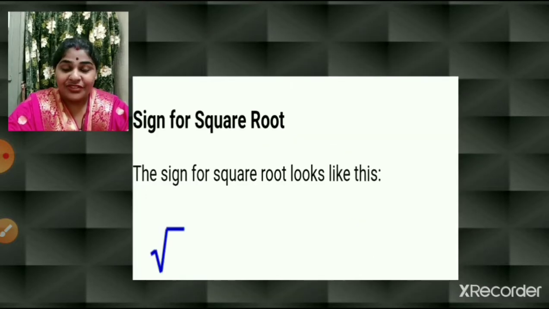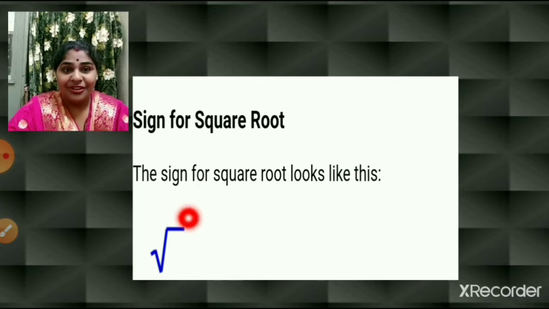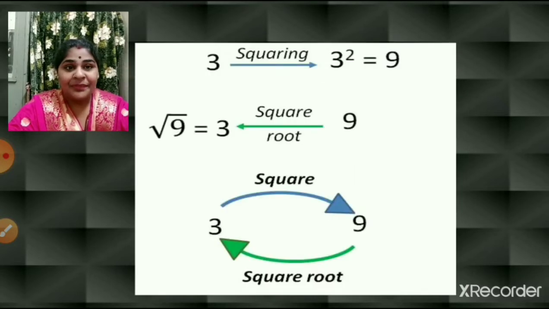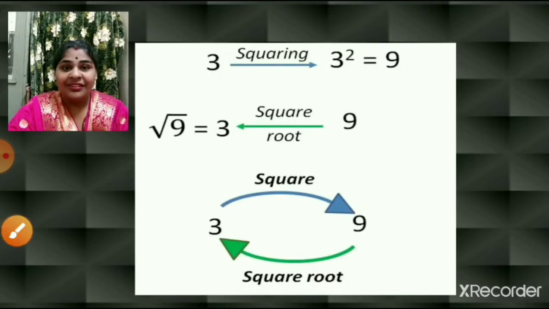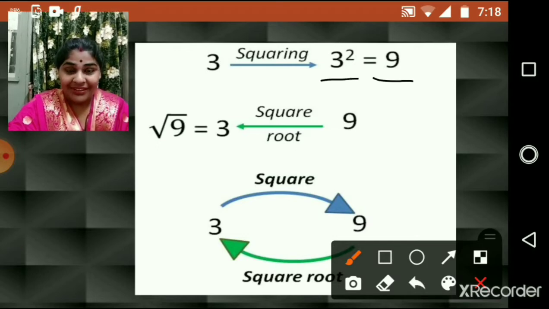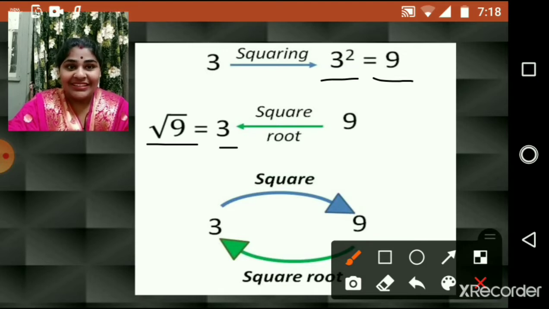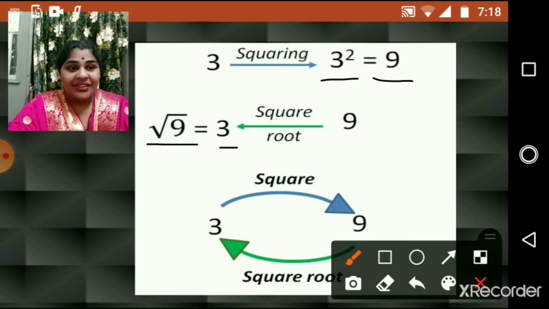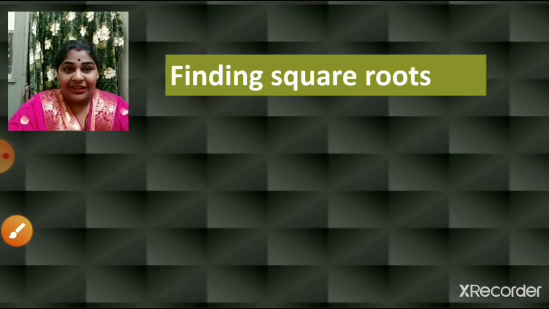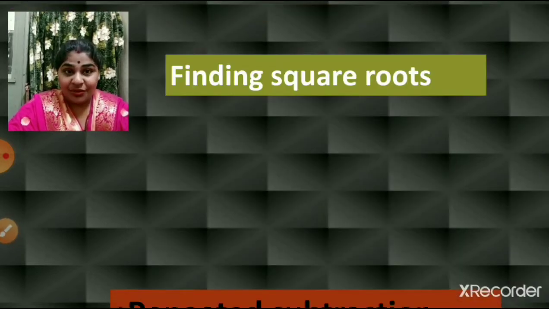You can see on your screen, this is the sign of the square root which you are familiar with. Now 3 square is equal to 9, so square root of 9 is 3. I hope this is understood. Now let us see finding the square roots.